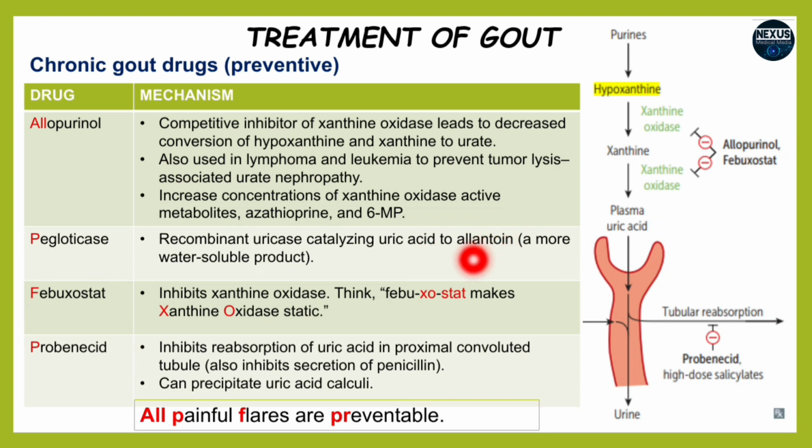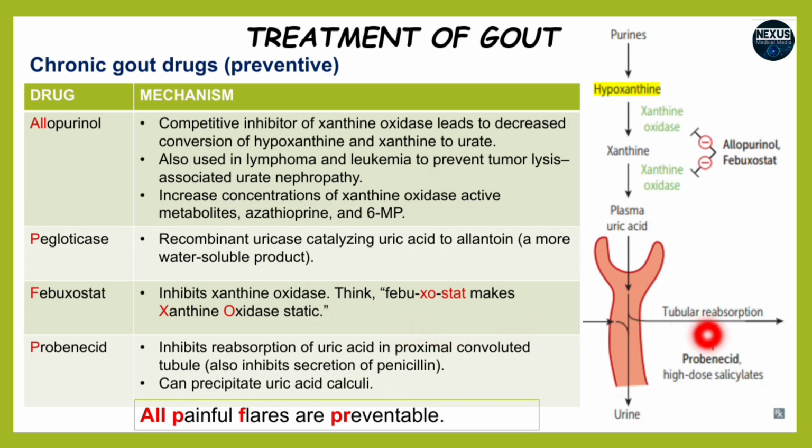The next drug is febuxostat. Febuxostat, right? So it inhibits xanthine oxidase. So think of it as a febuxostat. It makes xanthine oxidase static. The next drug is probenecid. Probenecid inhibits reabsorption of uric acid in the proximal convoluted tubule, right?